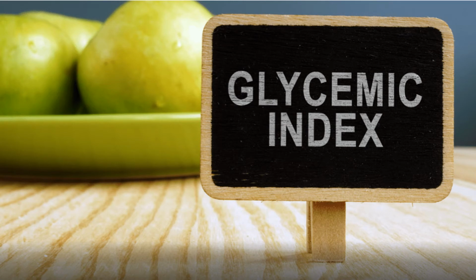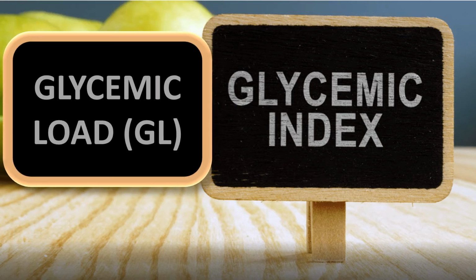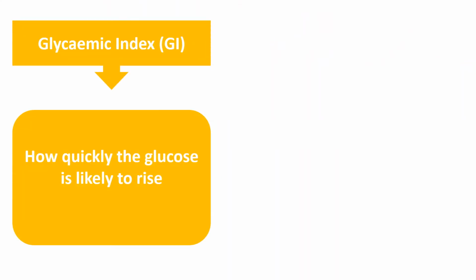Now that we understand briefly what glycemic index means, we need to know another thing, which is glycemic load. This is another type of number that we give to the carbohydrates. Glycemic index is usually easily found on the internet, and it is a specific number given to the carbohydrate telling us how quickly the glucose is going to rise if you have this carbohydrate.